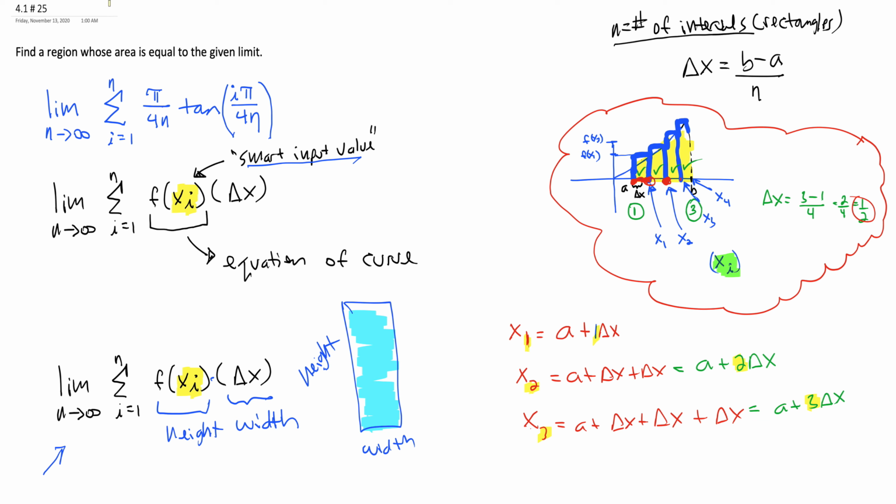So then you could write your xi, as your generic way of saying all of this, as xi equals a plus i delta x.